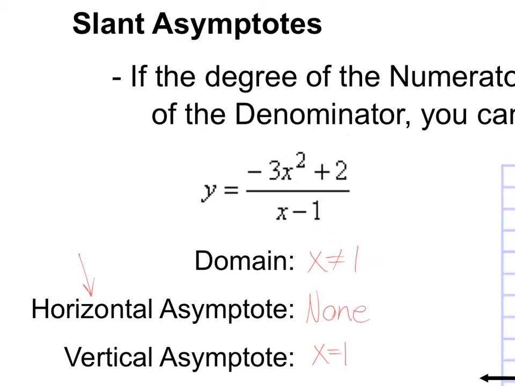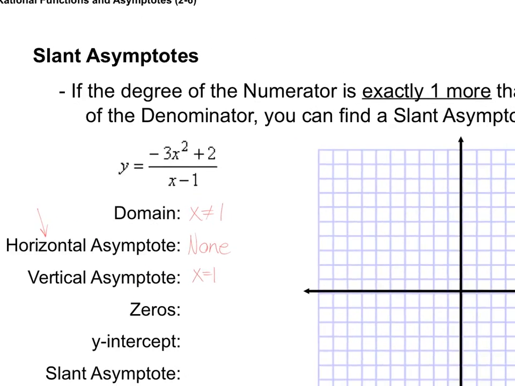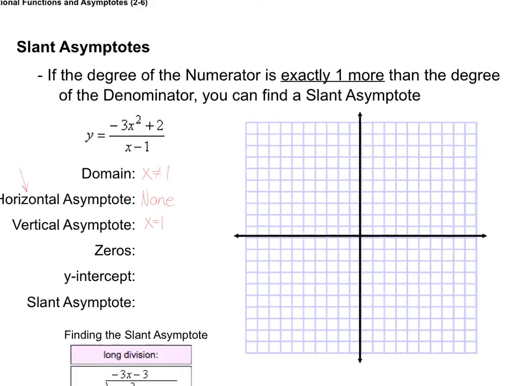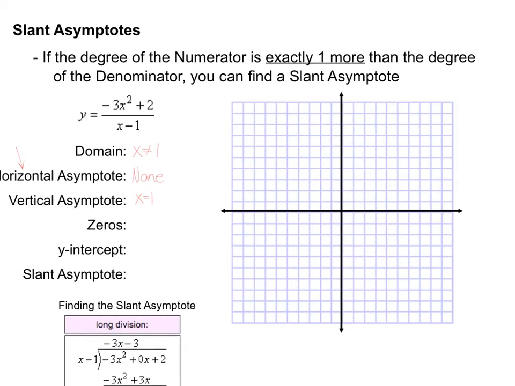This will only occur when the degree of the numerator is exactly 1 more than the degree of the denominator.